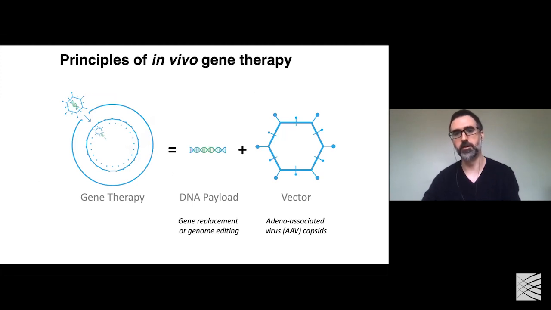In this talk I'm focusing on adeno-associated virus capsids, which are the most popular and probably the most powerful way of delivering genes into the body that's being used today. It's been used in hundreds of trials, as Sam mentioned. There's a lot of potential for improvement, but it's pretty good. It's the best thing we have so far.